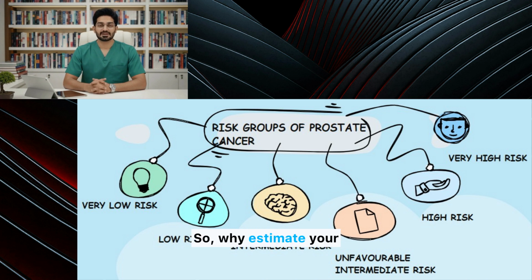So why estimate your life expectancy? Sometimes patients in certain risk groups should wait until symptoms appear before having tests or starting treatment. There may be no benefit to having additional tests or life-threatening treatments if you don't have any symptoms or if you have other more life-threatening health conditions.